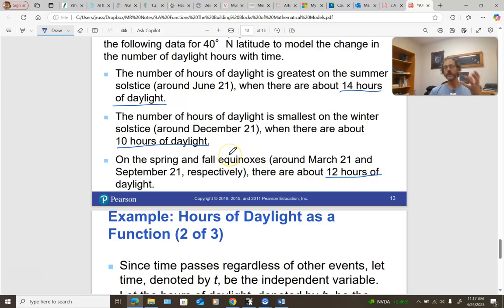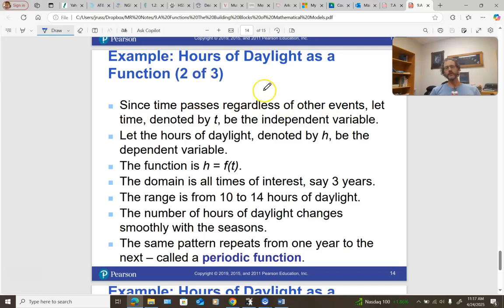They call those the equinoxes, guys. That prefix equi means equal. So on these two dates, there are just as many hours of daylight as there are hours of nightfall, or darkness, in other words. And this cycle repeats, so there's an ebb and flow every single year.